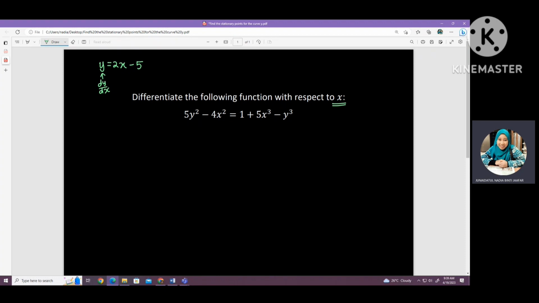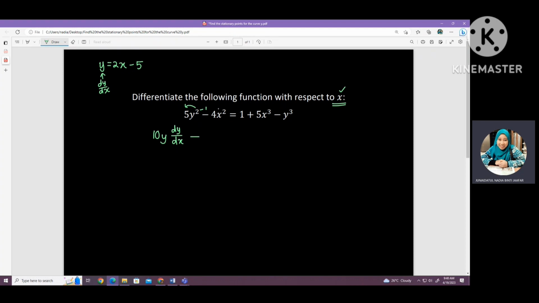If we differentiate 5y squared with respect to x, we will get 5 times 2, which is 10y, and the power will reduce by 1 unit, so 2 minus 1 is 1. So we have 10y, and then we must write dy/dx, because we differentiate with respect to x and here we have a function of y. So we get 10y dy/dx.